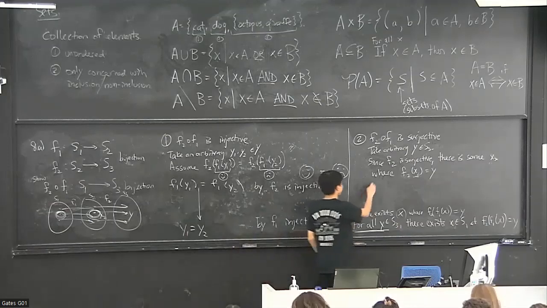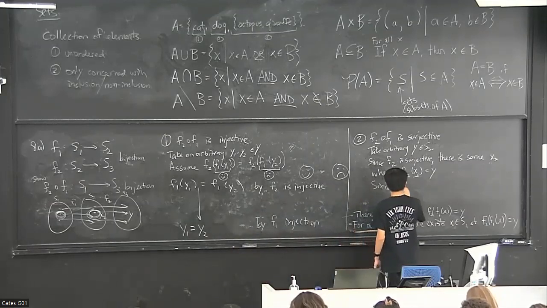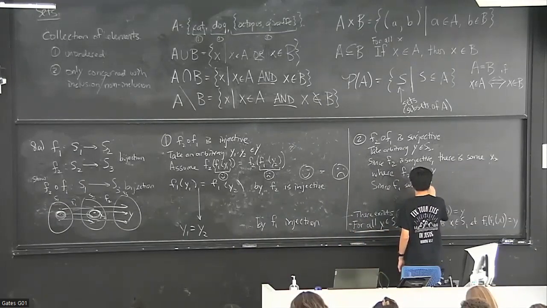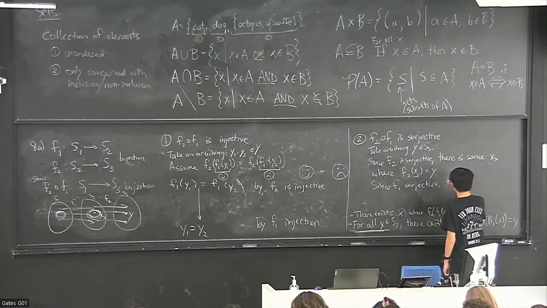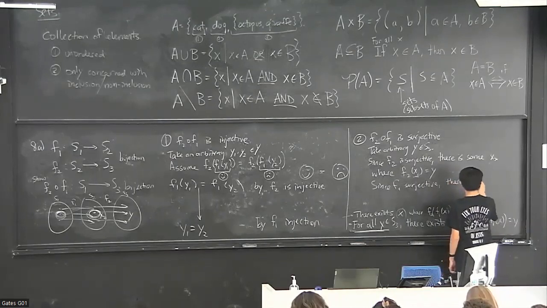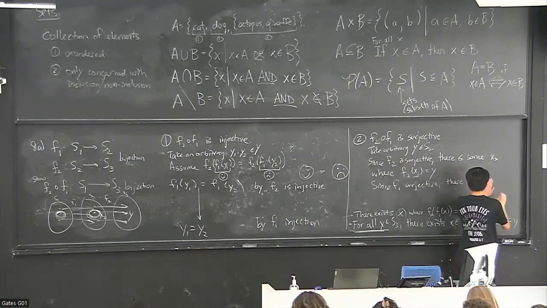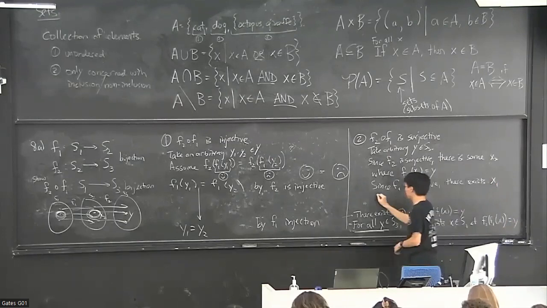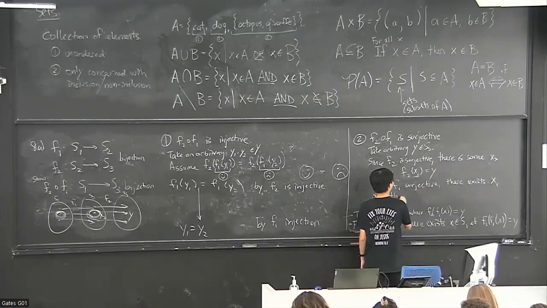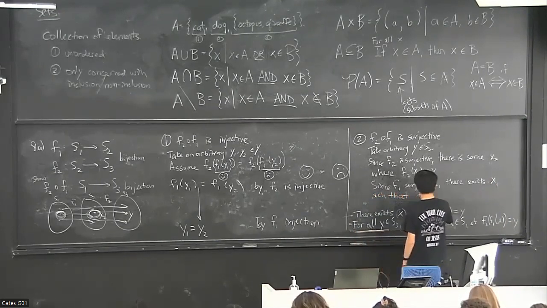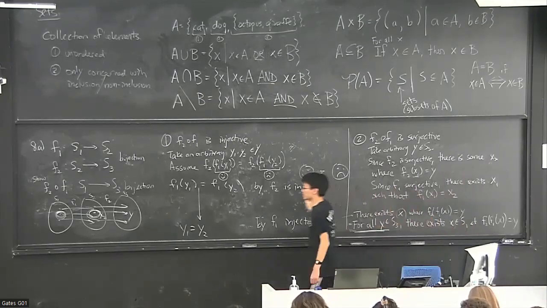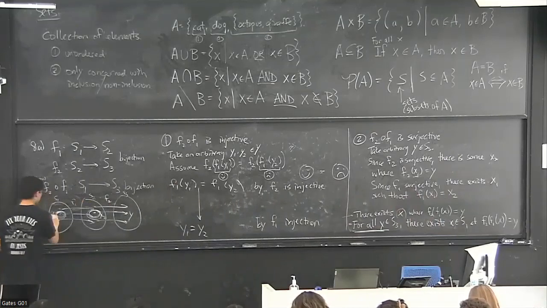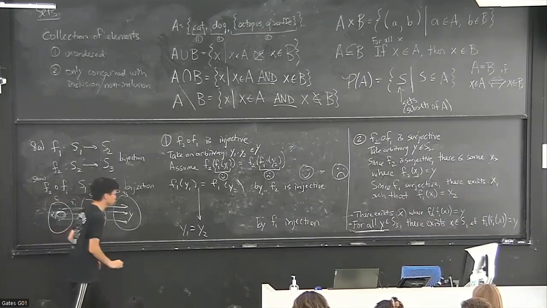Since F1 is surjective, there exists x1 such that F1 of x1 equals x2. This is exactly what we have right here. Since I know F1 is surjective, there has to be some x1 where F1 of that gives me x2.